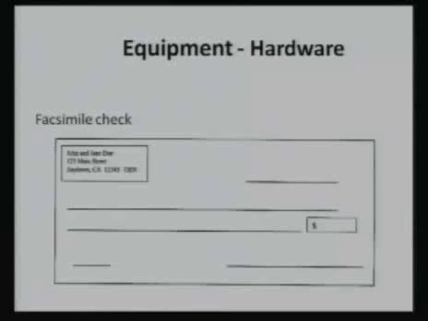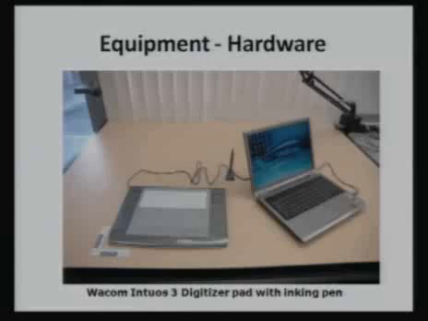So basically, this was the check we used. We asked the writers to write their signature on there as they would on a normal check. We used a Wacom Intuos 3 digitizer pad. And if you saw the one in Mike's photo, his one was much cooler than mine. This one was much older.